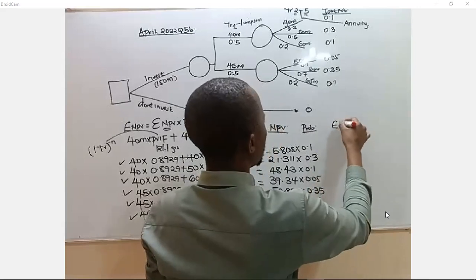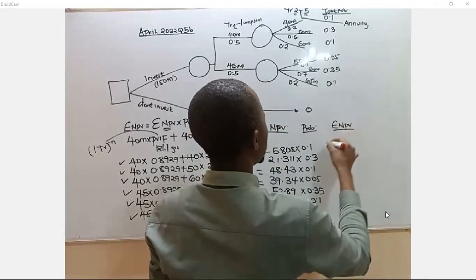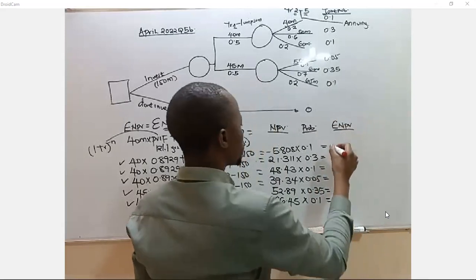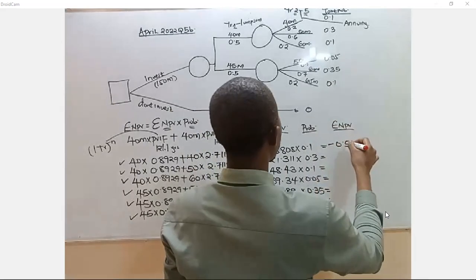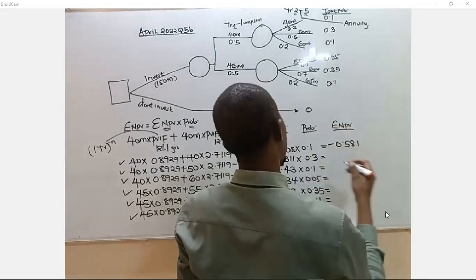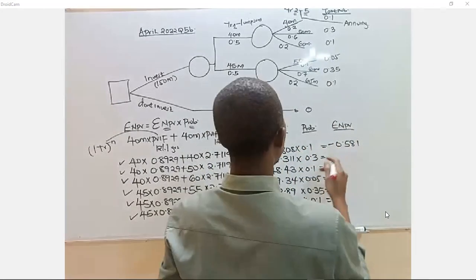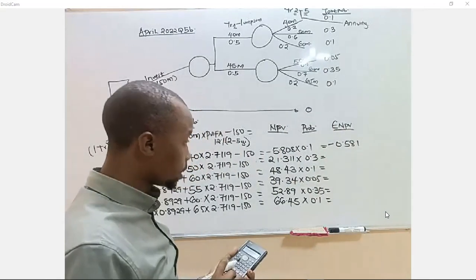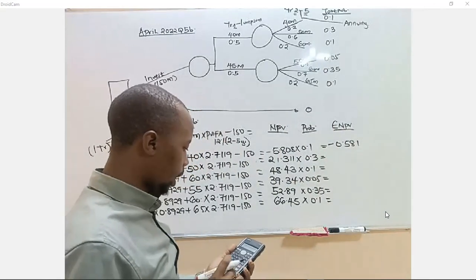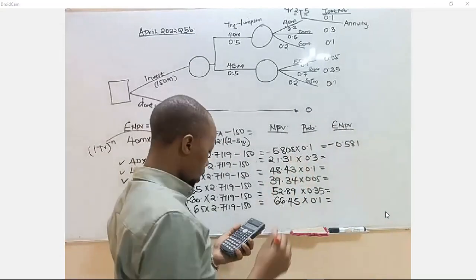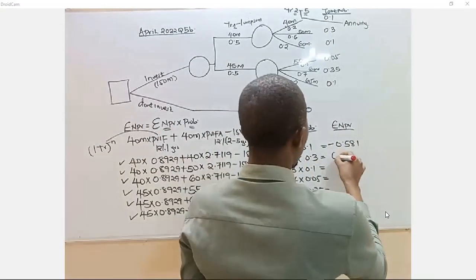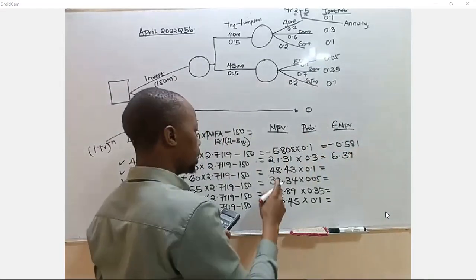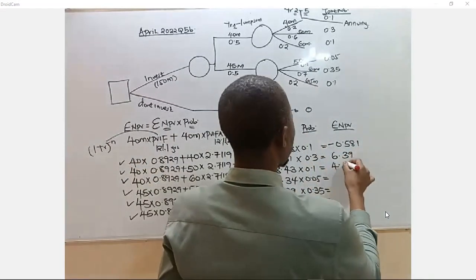So let us get the expected NPV. The first one should be negative 0.581. The second one will be 21.31 times 0.3. I'm just using 2 decimal places, sorry. So in this case, it is 6.39. The other one will be 4.84.